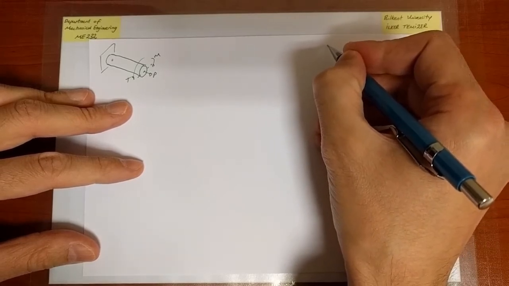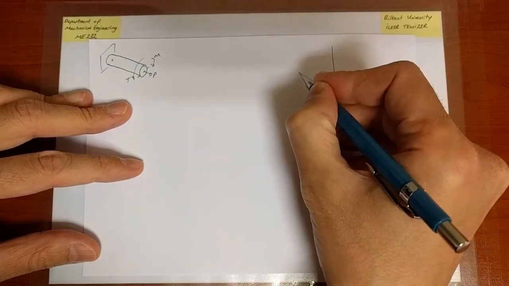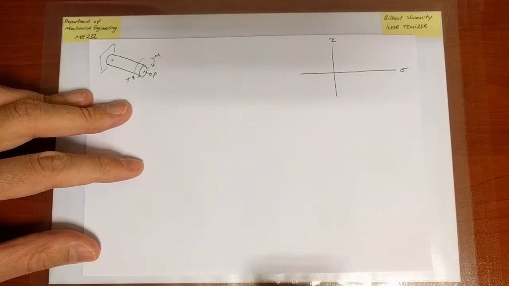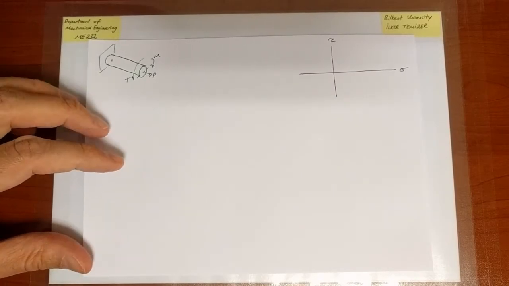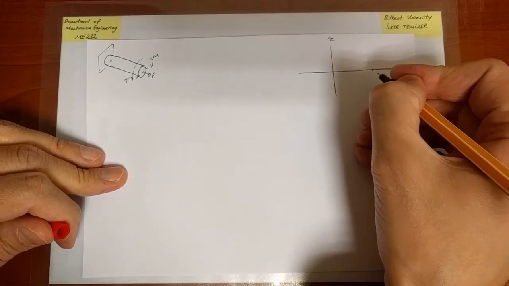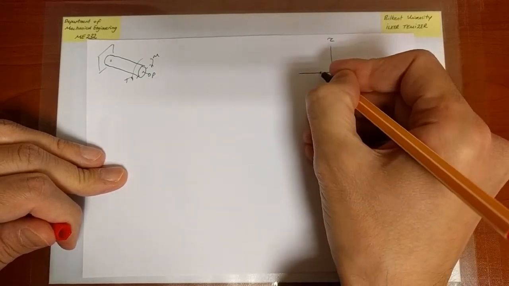So now let's first agree that if I know what the principal stresses are, it doesn't matter how I calculate them. If I know what they are, we can always draw the Mohr circle in all cases. So the Mohr circles are something we can always draw. So we will have three principal stresses: sigma 1, sigma 2, and sigma 3.